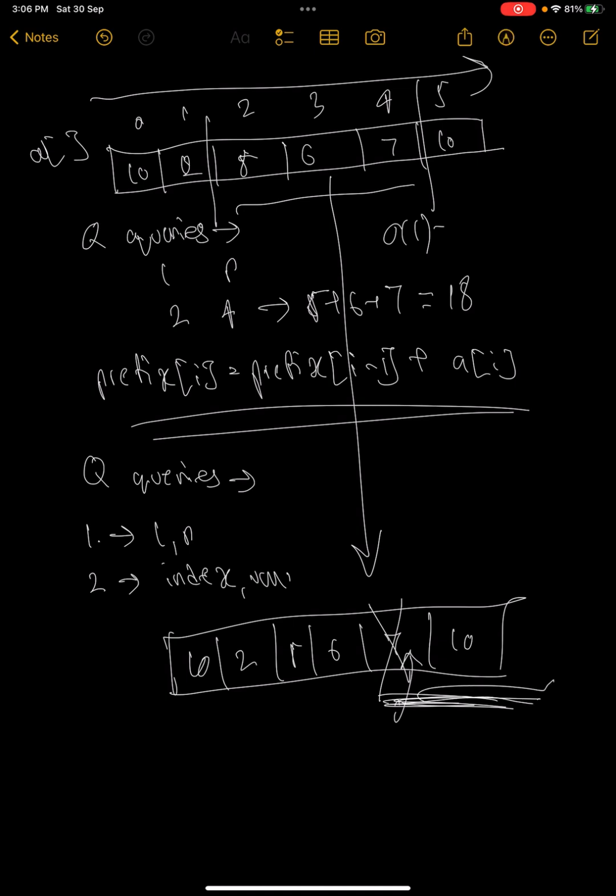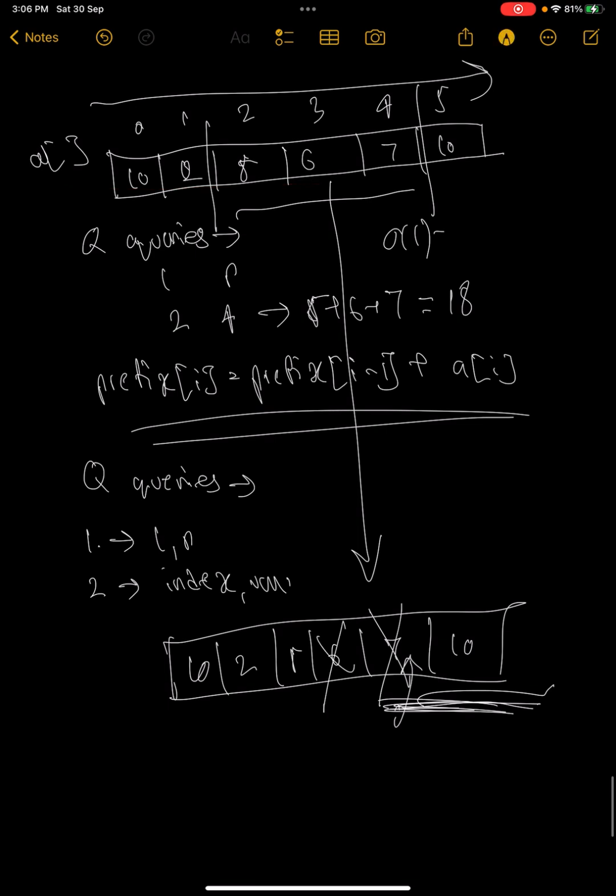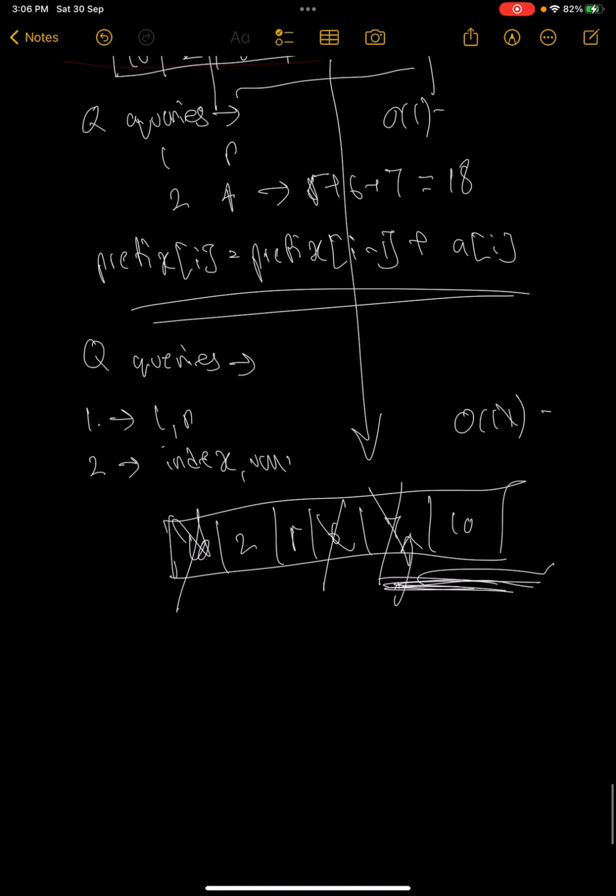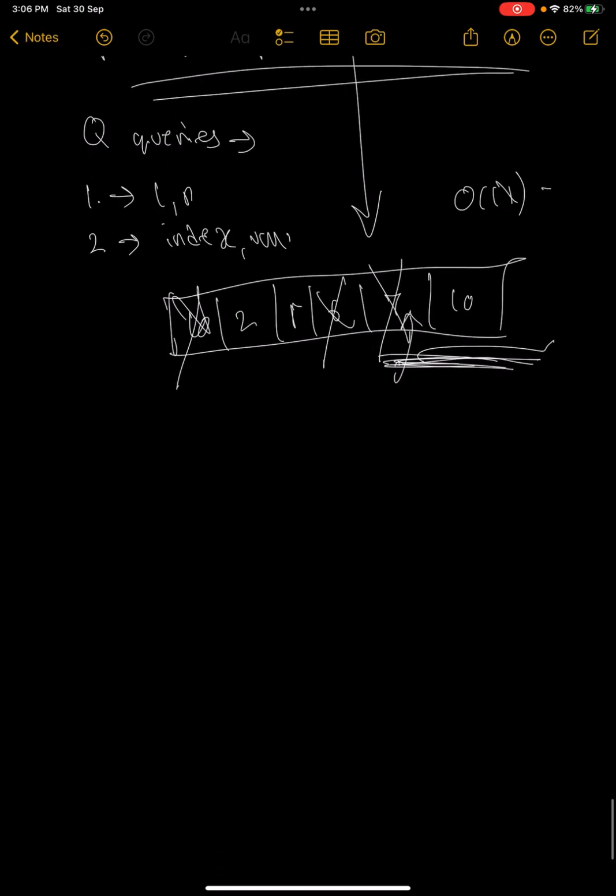So if we are updating a value maybe at the middle or at the beginning, then it will take approximately order of n time to compute the prefix again. So again we will need another efficient method to handle these two queries. So now we use a segment tree.